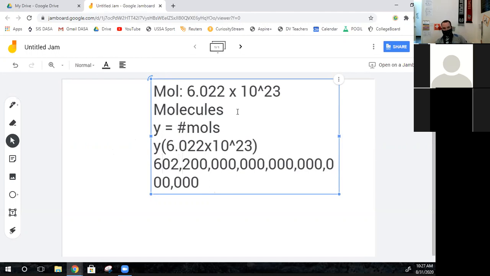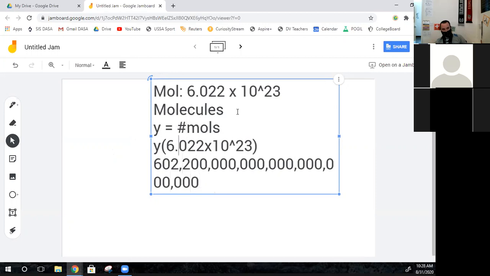We start here. 1, 2, 3, 4, 5, 6, 7, 8, 9, 10, 11, 12, 13, 14, 15, 16, 17, 18, 19, 20, 21, 22, 23. Because you start where the point is in the number.